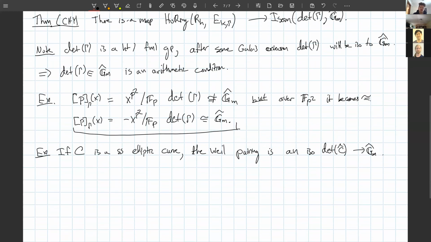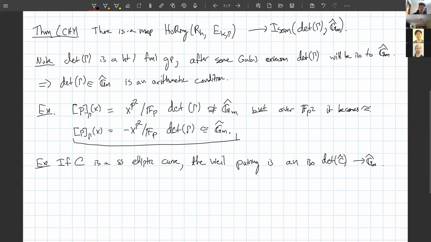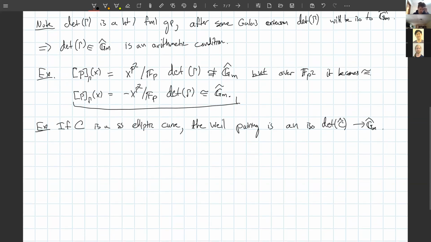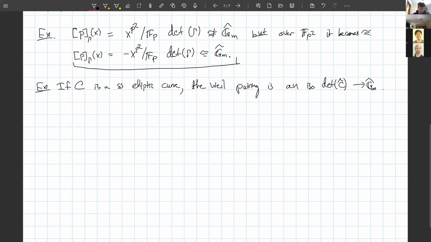Because we get this condition that we should have an isomorphism between the determinant and G_m to start building one of these homotopy ring maps, we're going to consider the case where we have a natural isomorphism that comes with a supersingular elliptic curve. So why don't we look at elliptic E-theories?